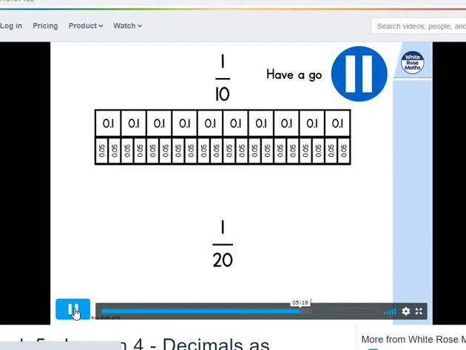Yes, 2 lots of 0.05 would be equivalent to 1/10. Or 5/100ths plus 5/100ths is equal to 10/100ths, which is 1/10. So 1/20th is equivalent to 0.05.